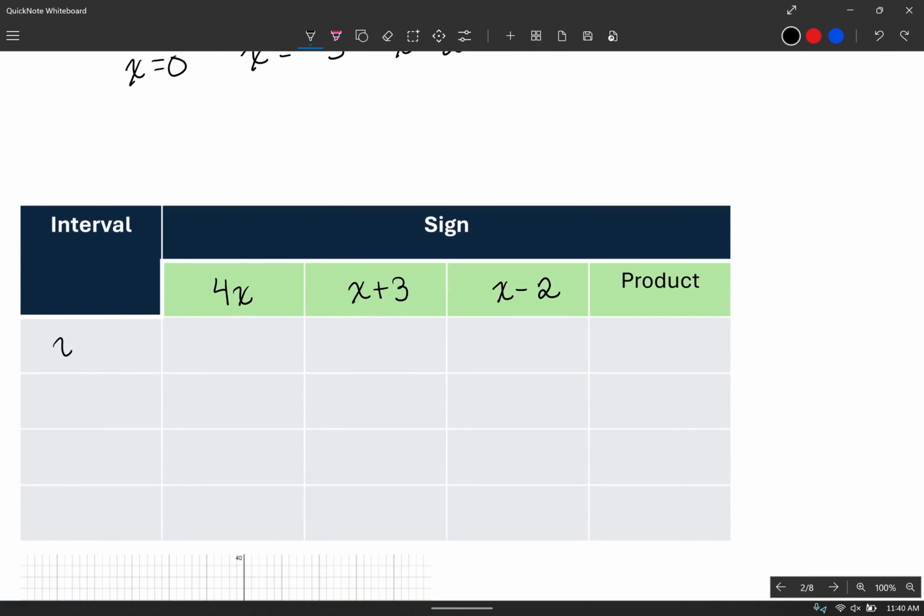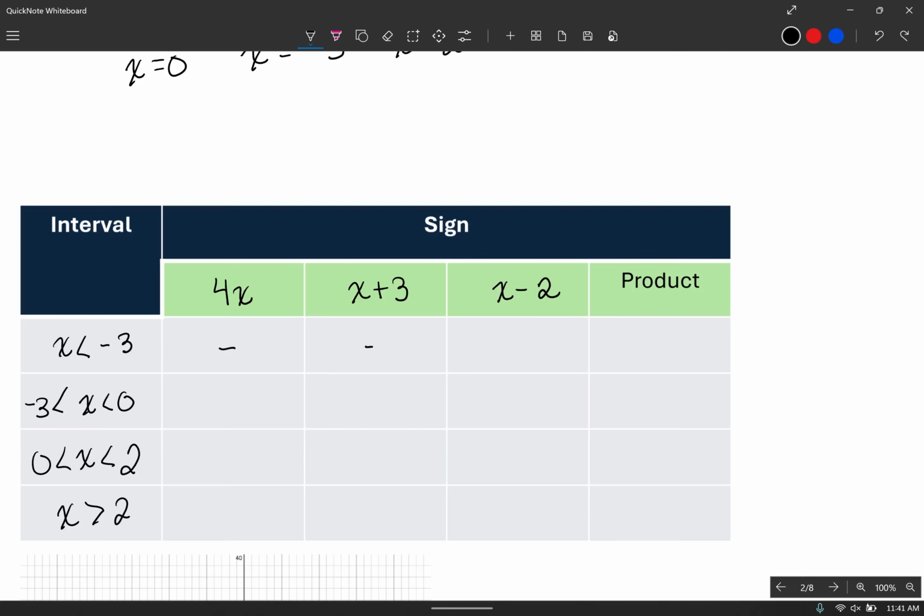So when x is less than negative 3, when x is between negative 3 and 0, when x is between 0 and 2, and when x is greater than 2.